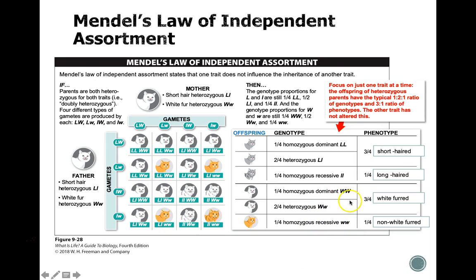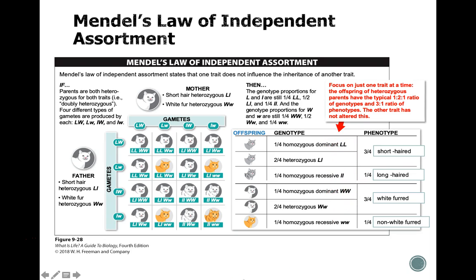If you look at fur color individually, 3/4 are going to be white furred and 1/4 are going to be non-white. I don't know why they say non-white. They should say yellow because that's what they're showing. But anyway, if you were to multiply these probabilities together, you can find the probability of being both, say, short-haired and white furred.